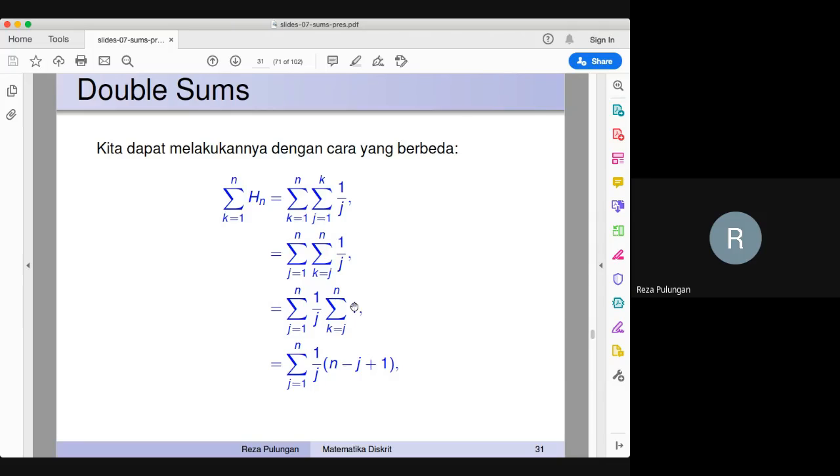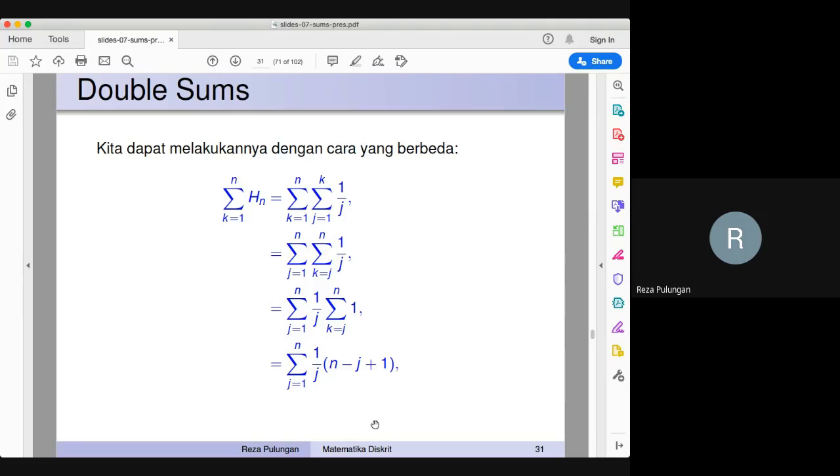This basically means that you start from j, j plus 1, j plus 2, j plus 3, and so forth until n. How many do you have? This is n minus j plus 1. So the final result is the summation of j is equal to 1 until n, 1 divided by j multiplied by n minus j plus 1.